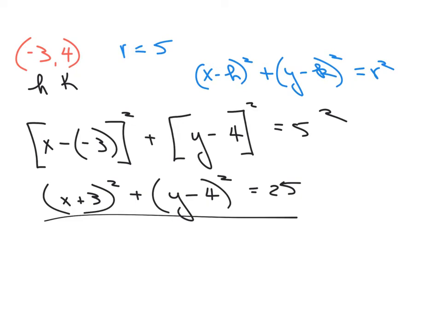Alright, let's find the equation of the circle for example 3, but this time they're giving us as our center (3, -1), and instead of giving us the radius, they're giving us a point on the circle.